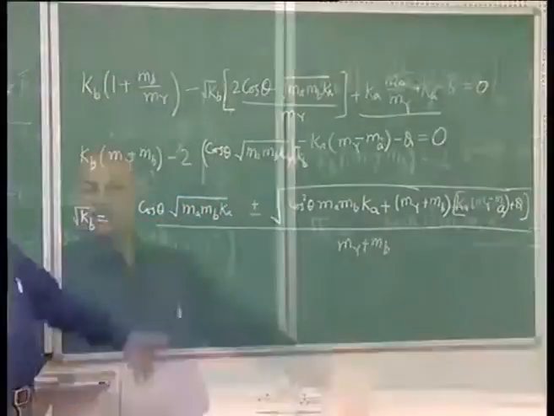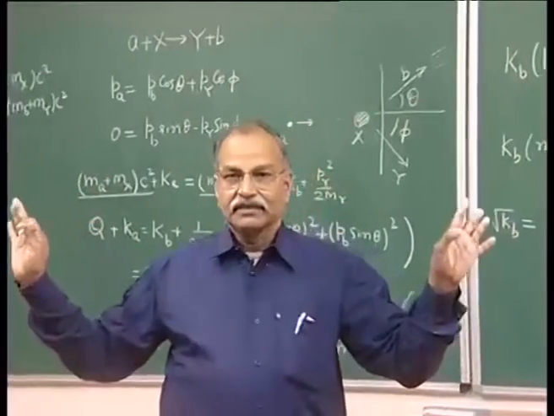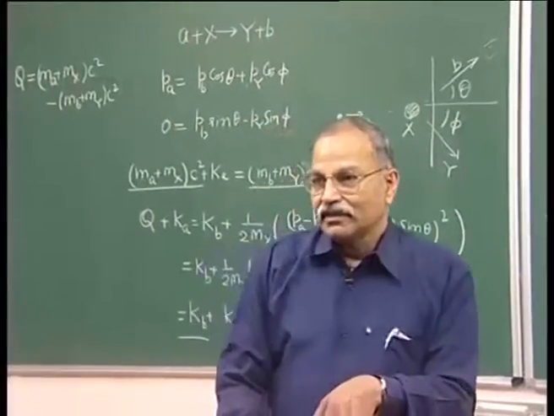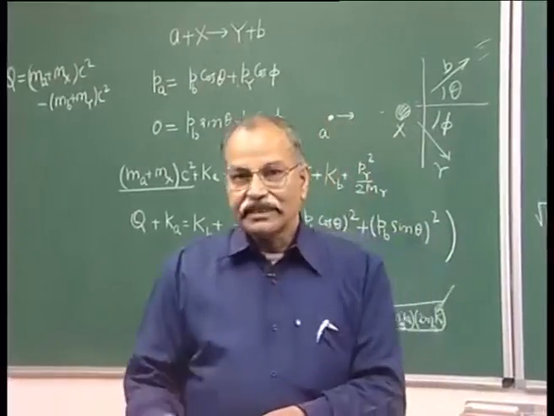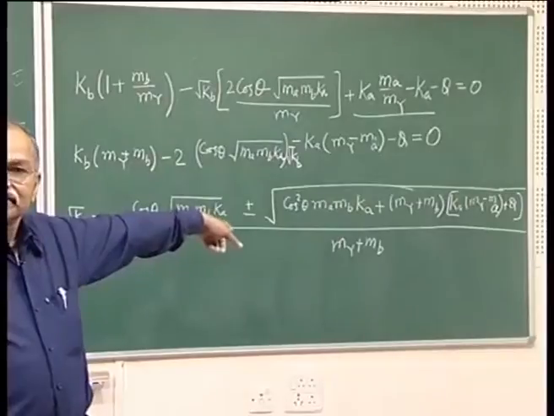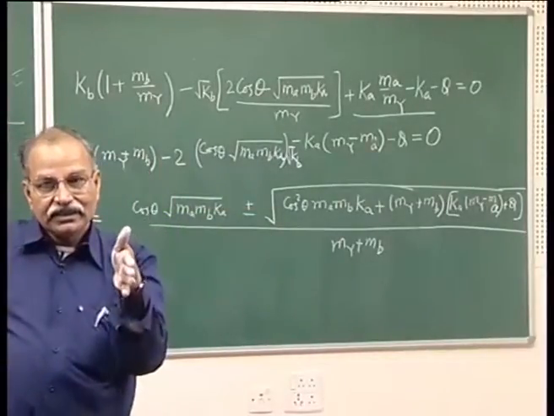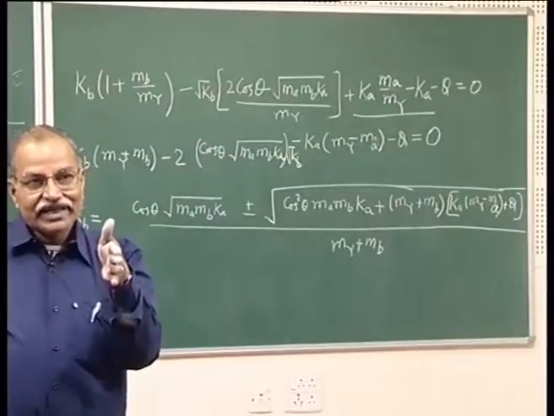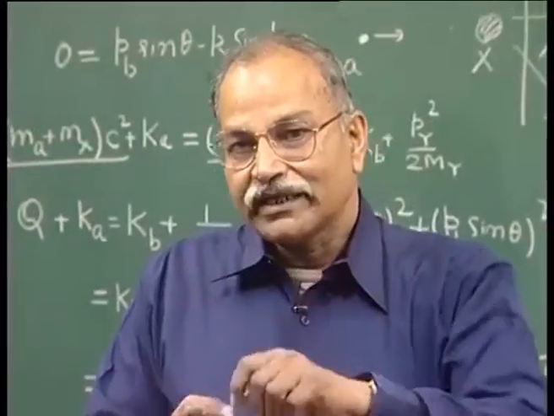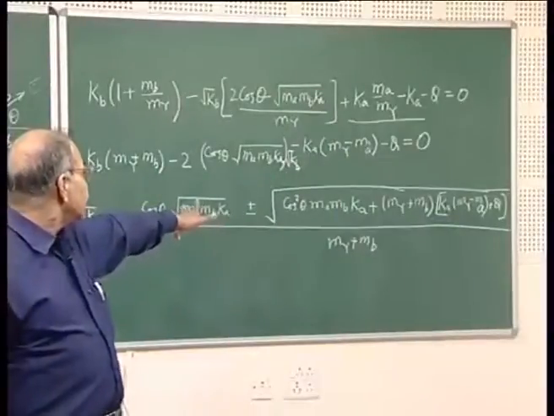So, if Q is positive, then the reaction can go anyway. So, there is no threshold energy, but if Q is negative, then demanding that Kb should come out to be real and positive from here, you have a threshold energy below which the reaction will not go, and that threshold energy will depend on this cos theta term, because that cos theta term is also there.